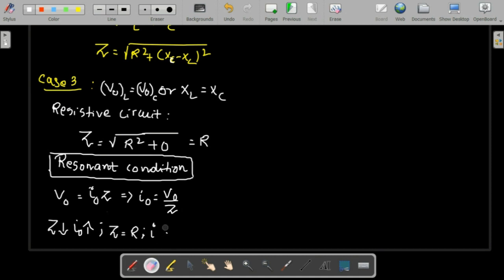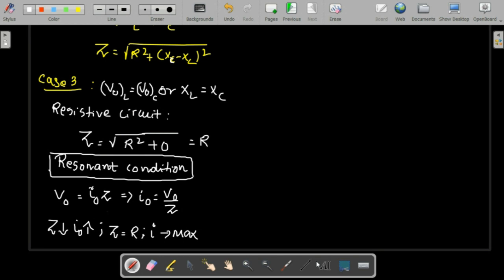So the condition for maximum current is at the resonant condition. If Z is minimum, that means at resonant condition it will be R, which is minimum, you are going to get maximum current. And that is the condition that we are going to use to do some calculations as well. So Z is equal to R. So this is my resonant condition. Obviously, in resonant condition there are different things that we need to do, but we're going to do that later.